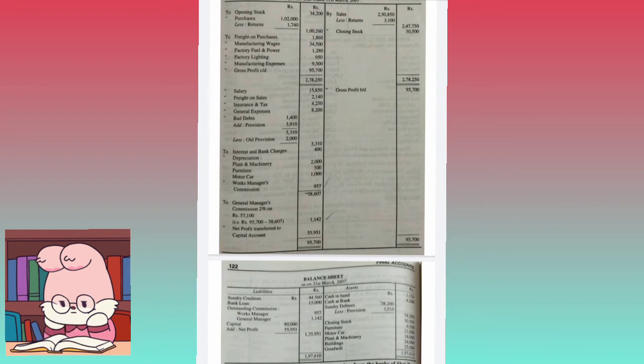So 95,700 is the gross profit. 95,700 into 1% comes to 957.